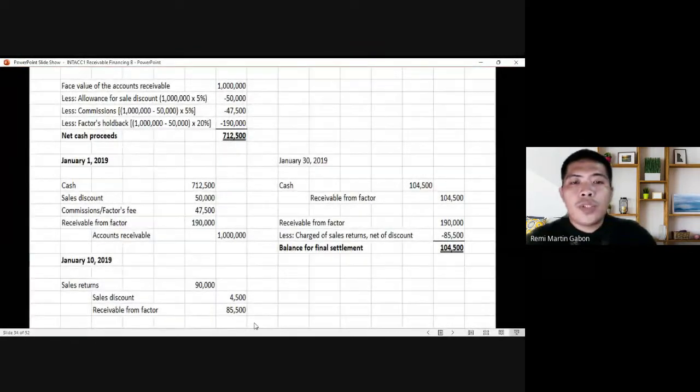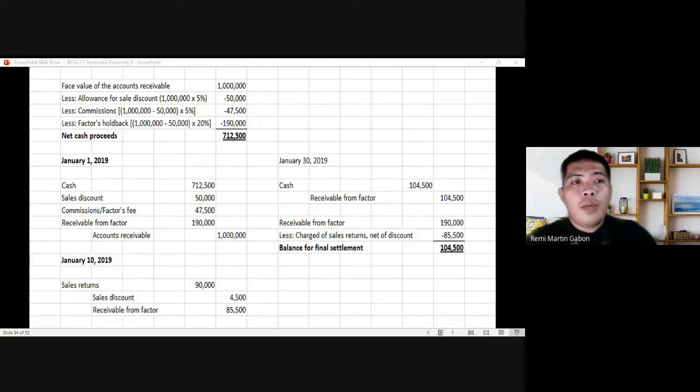So our solution, we start from face value of the accounts receivable, which is 1 million. Allowance for sales discount, directly recognizing the sales discount. So 1 million times 5%, we have 50,000. Then, less commissions, which is 5% based on the amount of 1 million minus 50,000, or the value of accounts receivable after credit term.